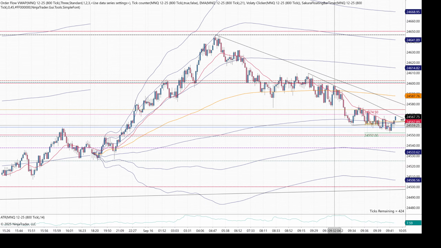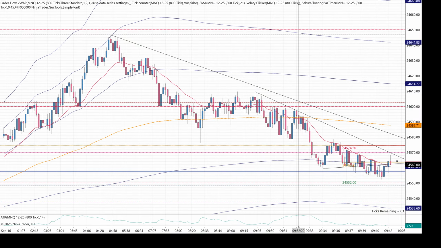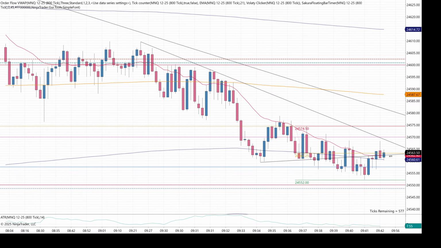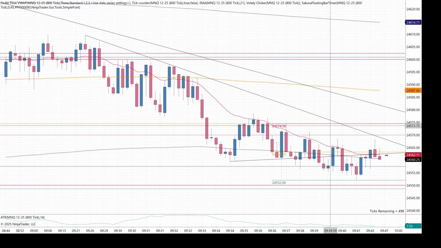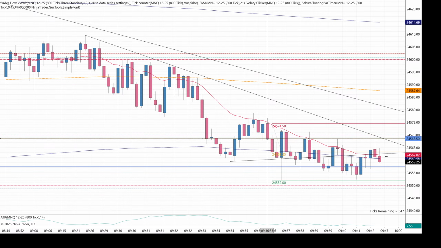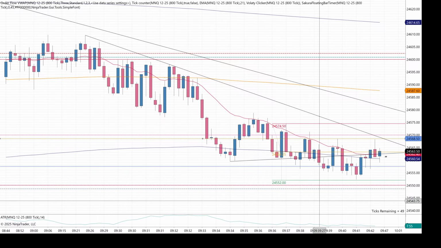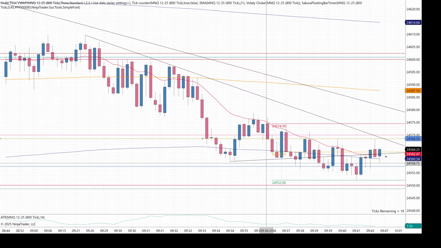So I'm not surprised to see buyers step in here and try to defend this level. Let me move the golden ruler down. Yeah, this is very choppy.